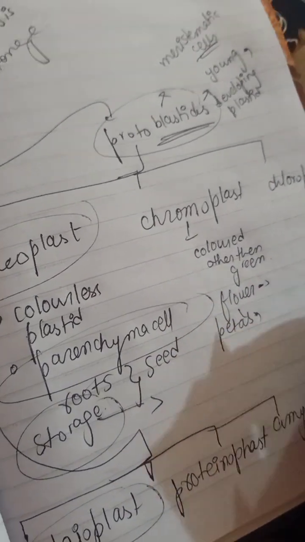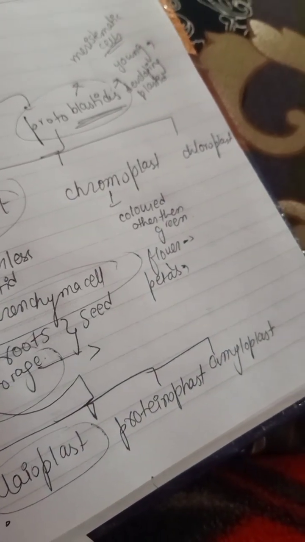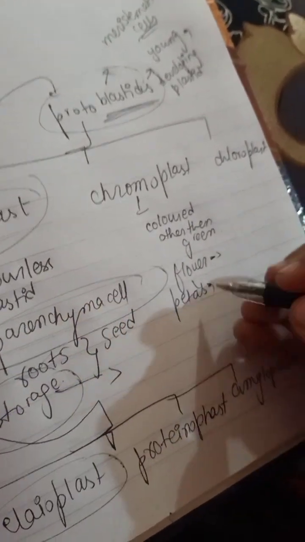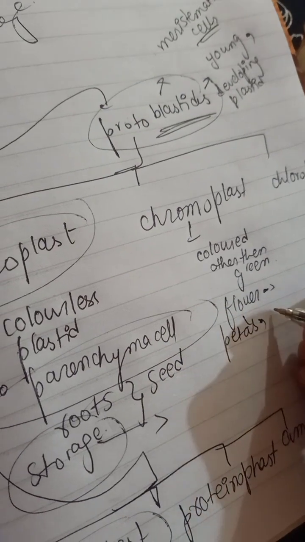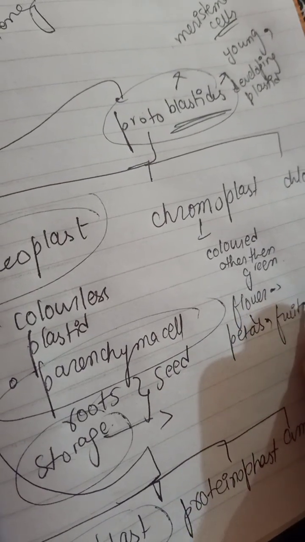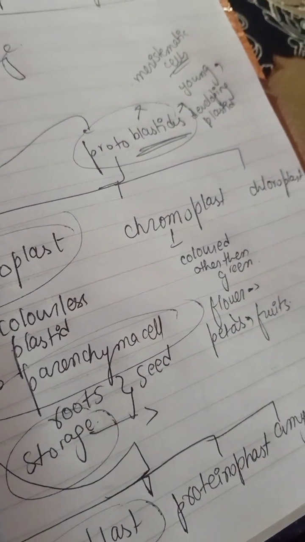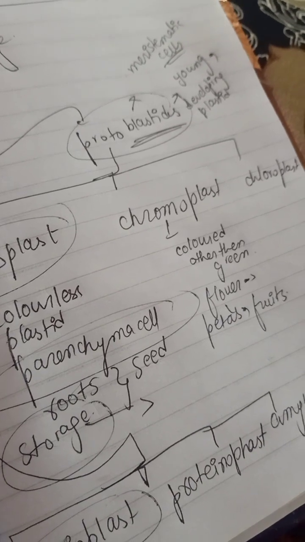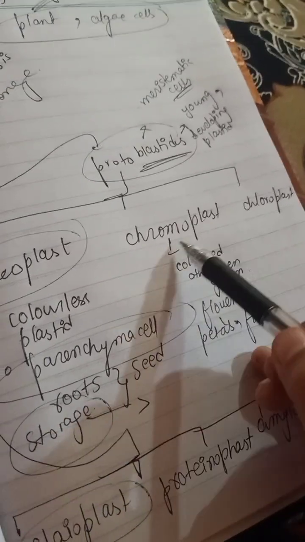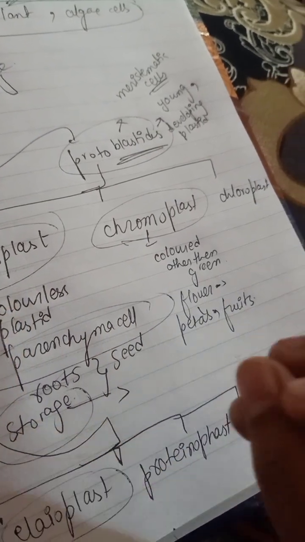As you all know, fruits have pigmented colors. These are all just because of the chromoplast. They attract insects, which help with pollination, as you all know. So chromoplast basically works in that.